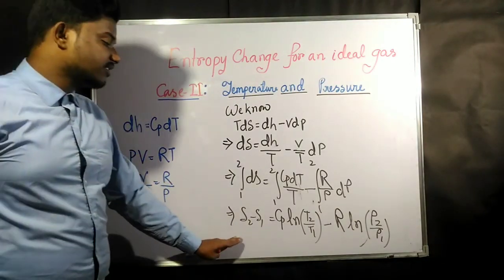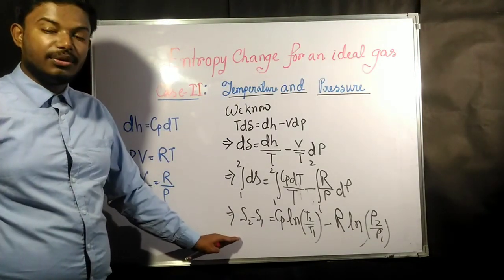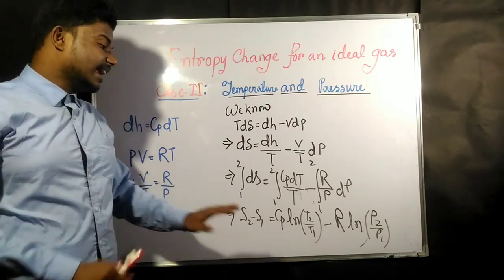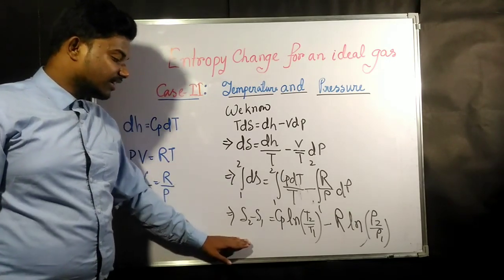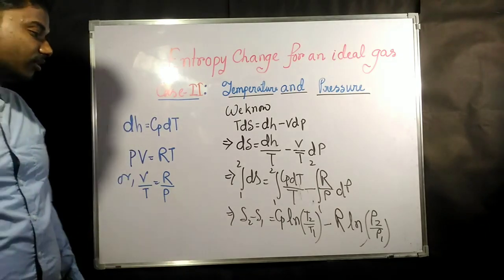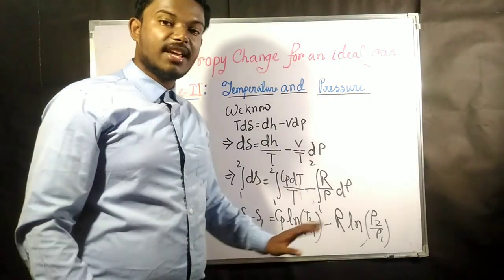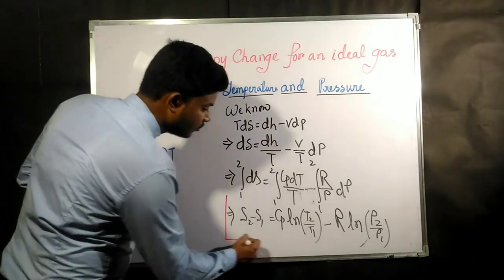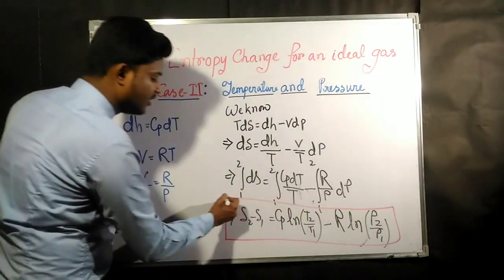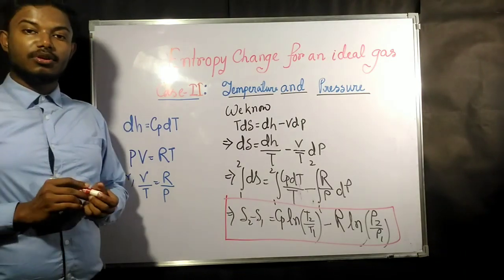So this is the final expression from where we can find out the entropy change in problems where they have mentioned the temperature is changing and pressure is going to change. This is going to be our final expression for solving problems.